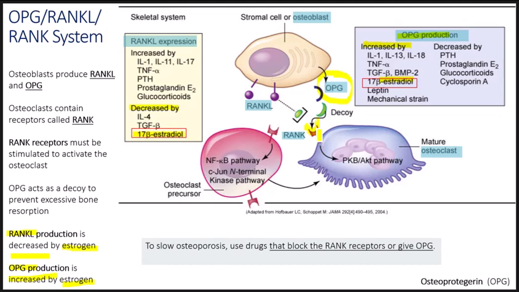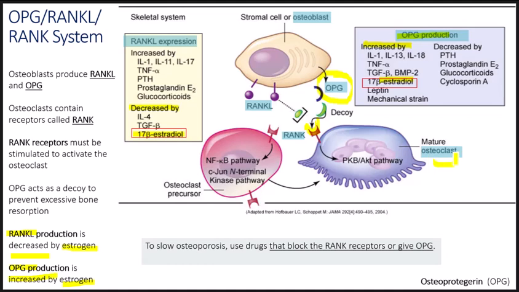So prior to menopause, when estrogen levels are high, more OPG is going to be produced, meaning more decoys that are pretending to be the RANKL, blocking the receptor site on the osteoclast, the bone resorbing cell, in order to reduce the amount of stimulation or activity by that osteoclast. Again, working to not have too much osteoclast activity. We don't want to break down too much bone.